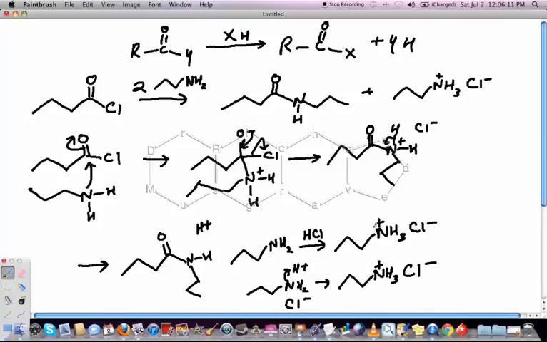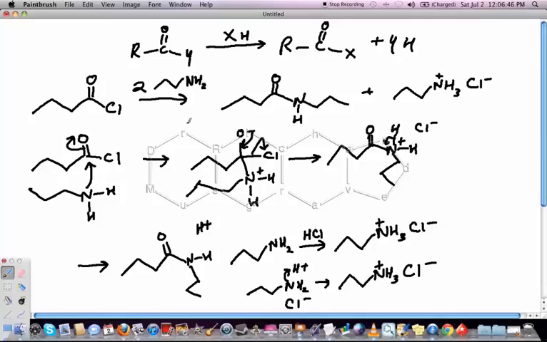So as you can see, if we did not include this second equivalent of amine, here's what would happen. We would form the amide, at least with half of the amine, and then as we formed HCl, the HCl would react with the amine that had not yet reacted. So we would end up getting half of the yield that we would expect to get, because the other half of the amine would have reacted with the HCl that we'd get from the reaction of the amine with the acid chloride.